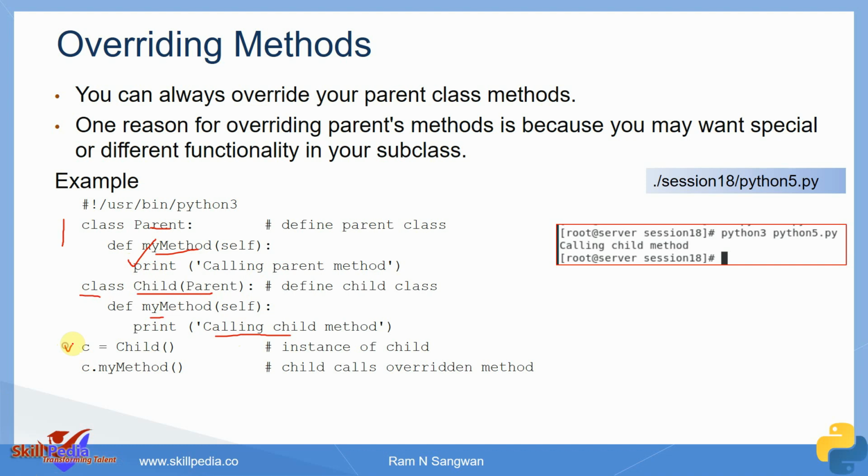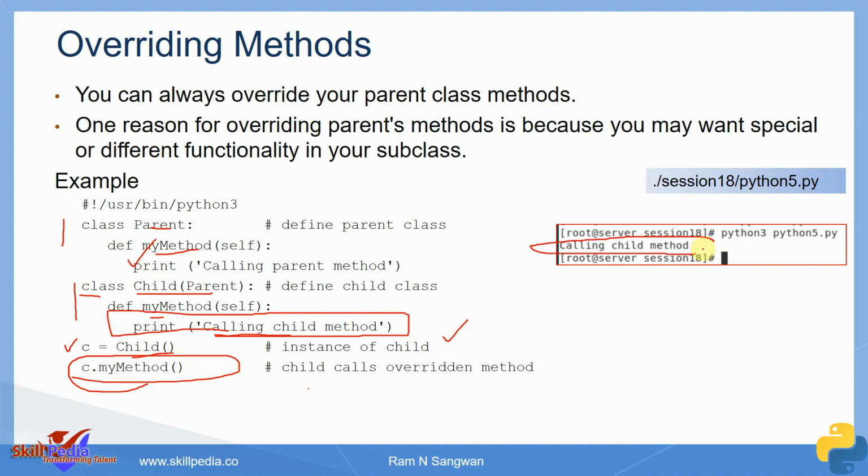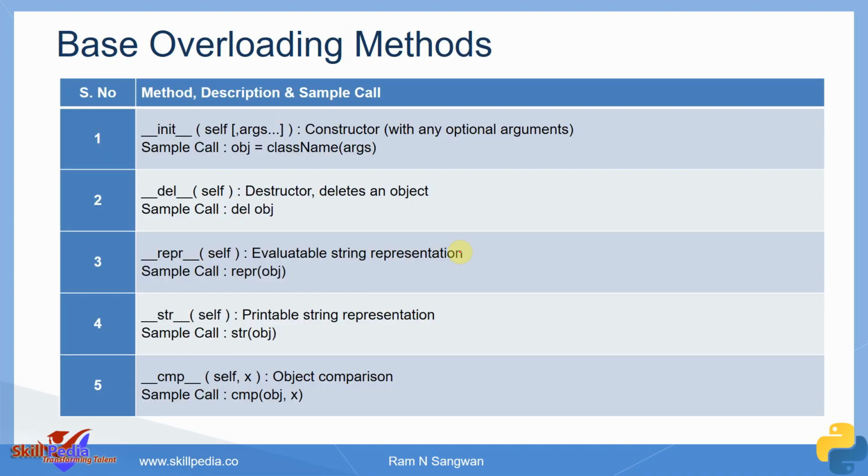So when you say C equals child, an instance of child is created. So when you are using C.myMethod, then my method will be called from the child class, which means calling child method. This will be the output, and hence you can see the output here, calling child method. That is the overriding methods.